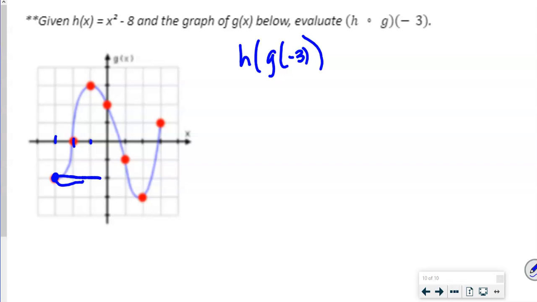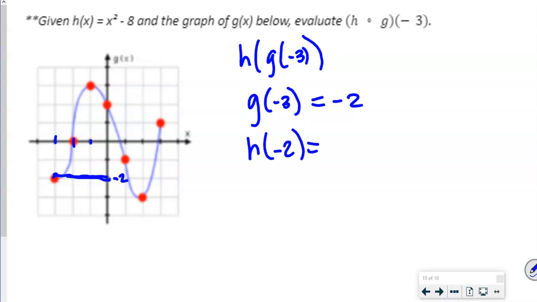So we're going over here, and that was negative 2, right? So when I do g of negative 3, that's negative 2, and then I'm going to put that in my h function. So h of negative 2 is equal to negative 2 squared minus 8. That's going to be 4, minus 8. So our answer would be negative 4.